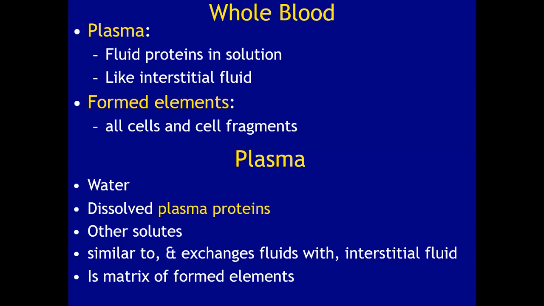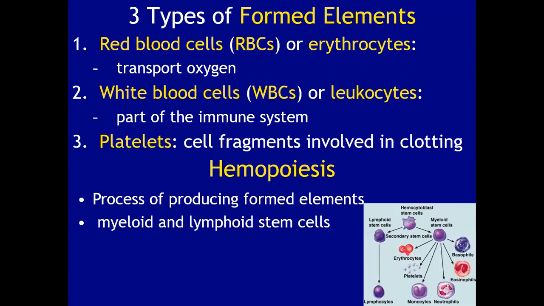And in fact, it's what's going to be moved out of the bloodstream and form the interstitial fluid once it leaves the circulatory system. Likewise, interstitial fluid is also going to make its way back into the bloodstream. Okay, so that interstitial fluid leaks back in and becomes plasma once it's on the inside.